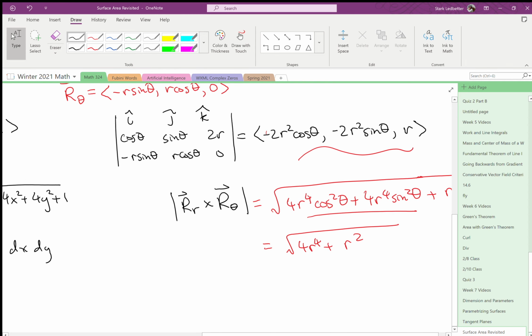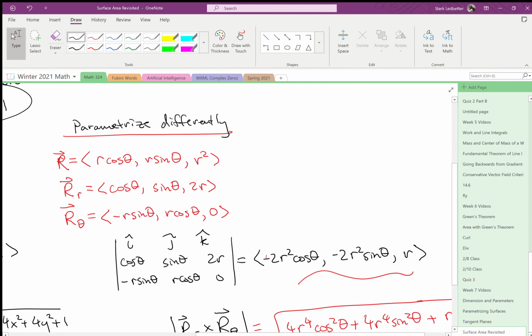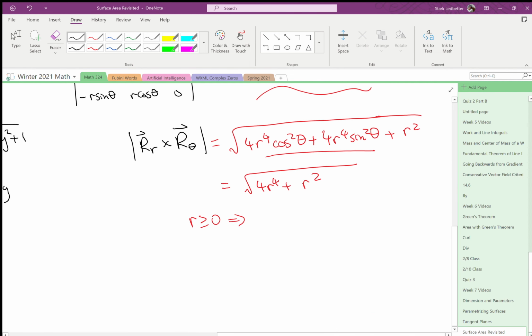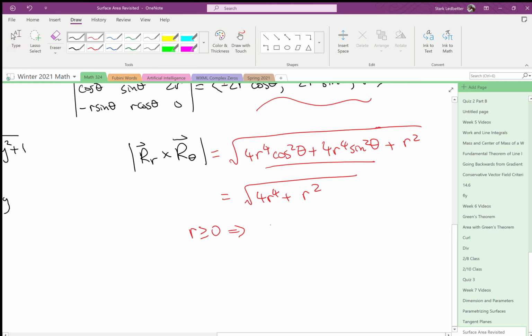And if we restrict r to be greater than or equal to 0 in our parameterization, which we should, because if we don't, then we get double the surface, which is not what we want. Then we can take out an r, and we get 4r squared plus 1.